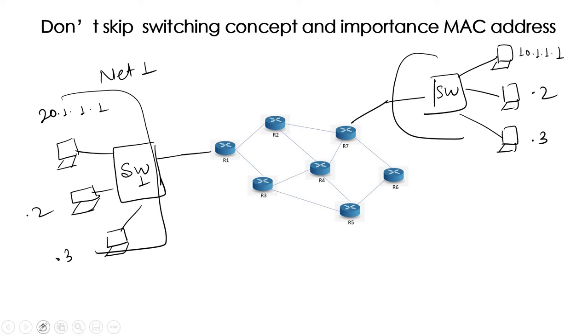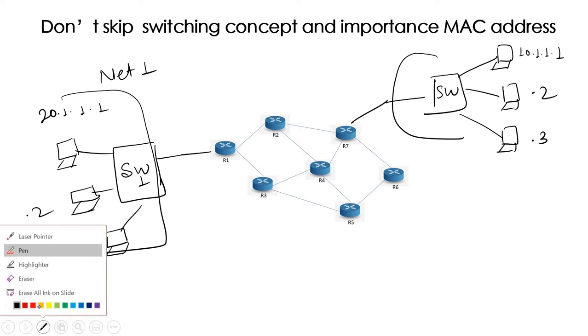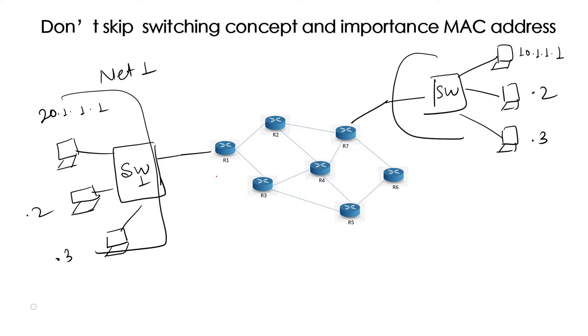Now let us suppose our network 1 tries to communicate with network 2. This is network 2. So what happens in that case? Suppose 20.1.1.1 is pinging 10.1.1.1. That IP packet, because this belongs to a different network, will go to the default router first.